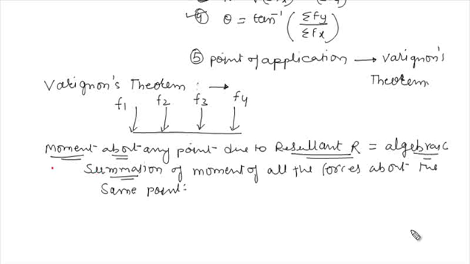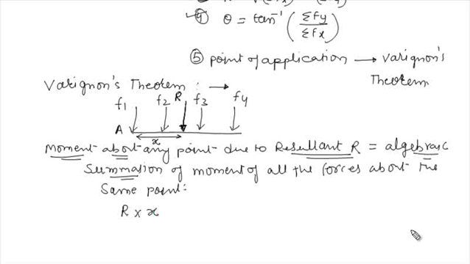Let's take an example. Suppose the resultant force is lying here, R. I'm just assuming. So I am interested in the distance x, where it is lying. Suppose this one is the point A. So according to Varignon's theorem, the moment about any point due to resultant R, the moment of resultant R at this point A, we can easily write down, is nothing but R into the perpendicular distance, that is x.